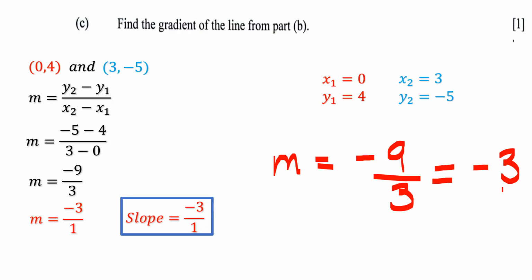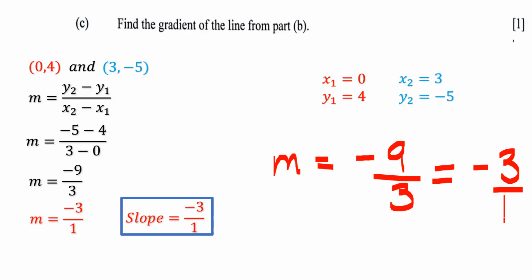I put negative 3 over 1 because when we are drawing a line, the slope helps us draw it. The negative 3 tells us how we're moving on the y-axis, so we have rise over run. But you don't have to leave it as negative 3 over 1.